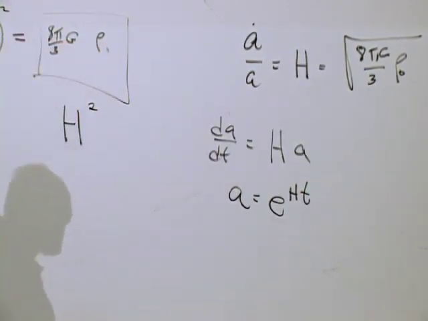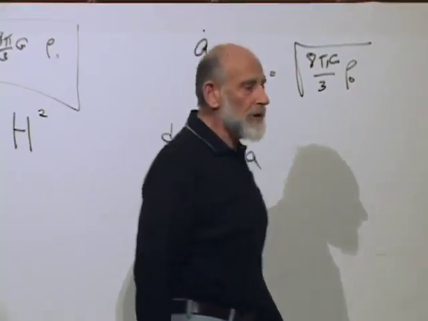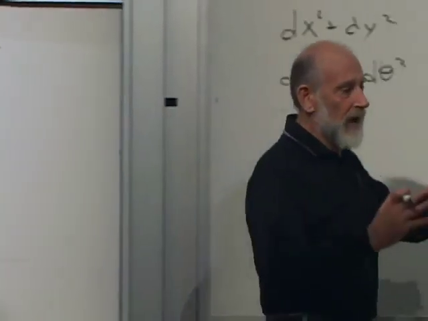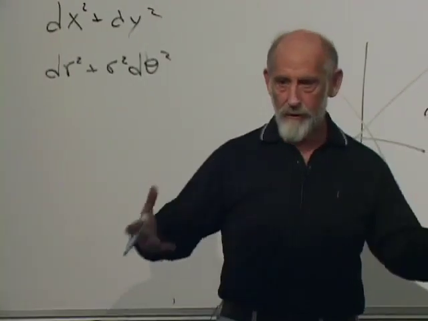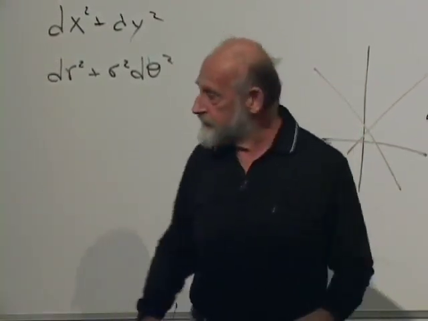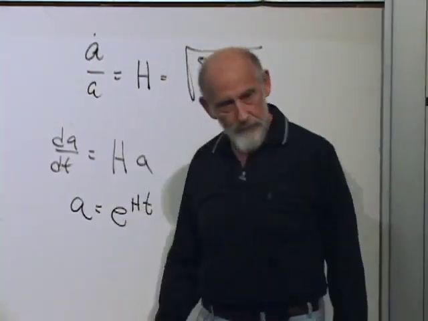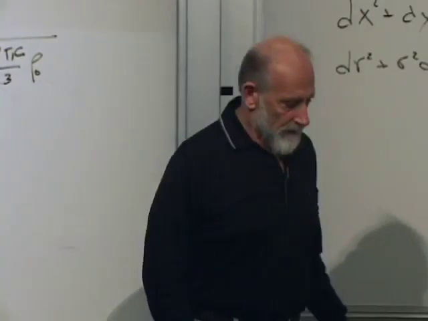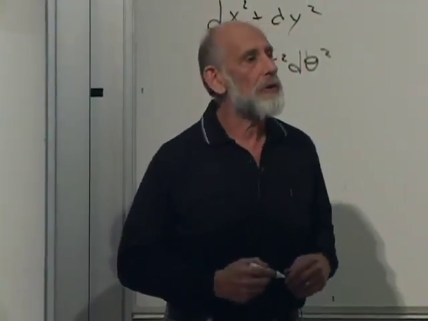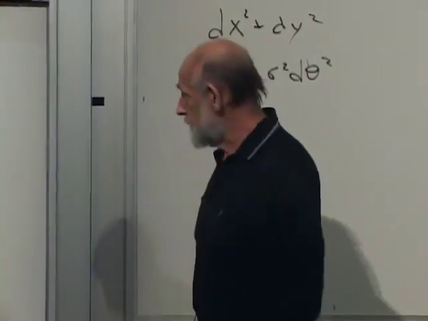In other words, the scale factor, or the distance between distant galaxies, unbound galaxies, galaxies which don't have enough gravity between them to keep them from receding, the distance grows exponentially. That space-time which is exponentially expanding in that manner is called de Sitter space.